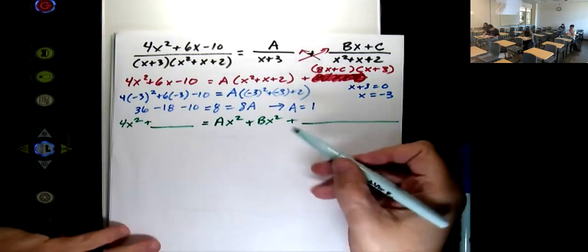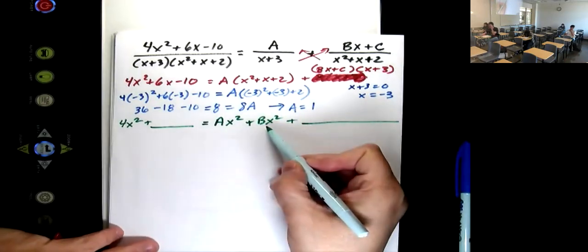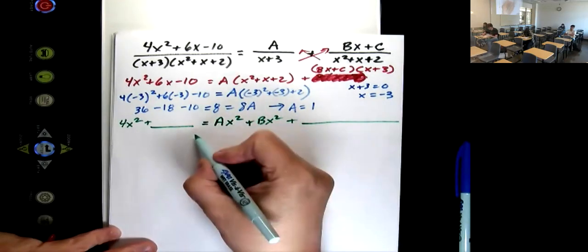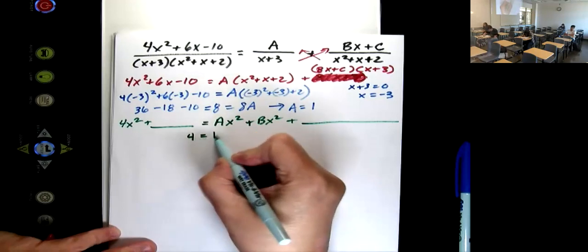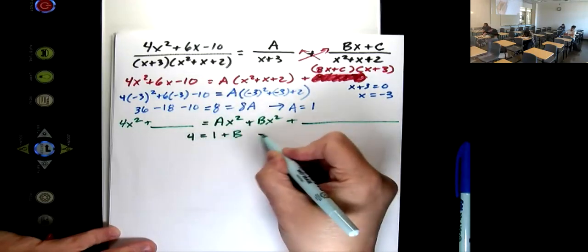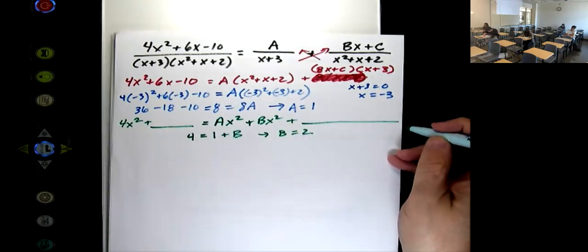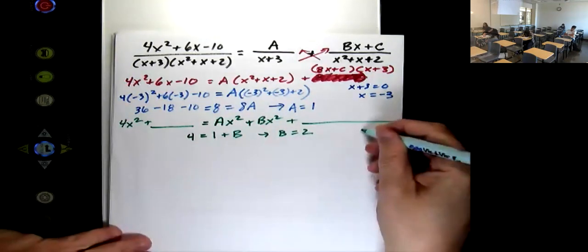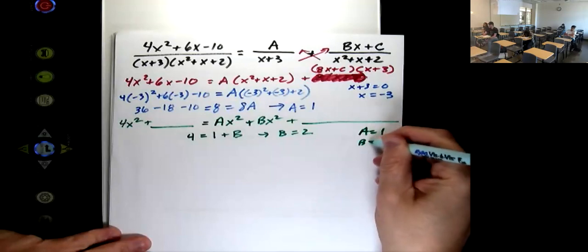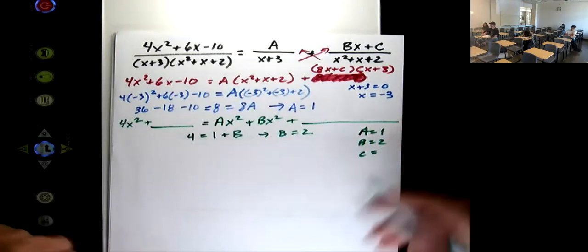So I can find out what b is quickly, because a equals 1. I've got 4 equals 1 plus b, so b equals 3. So now I've got a equals 1, b equals 2, and I need to find c.